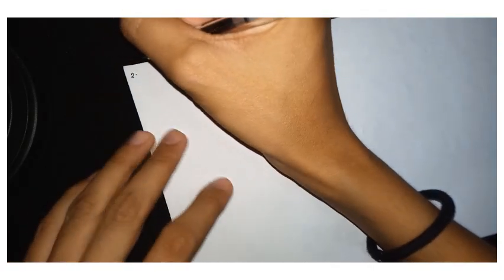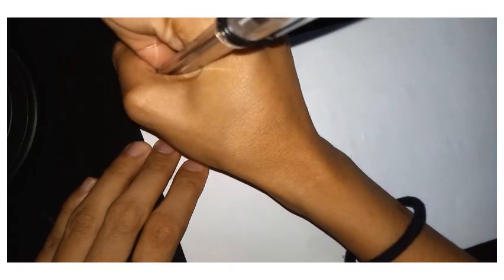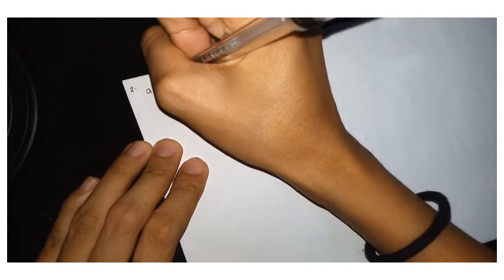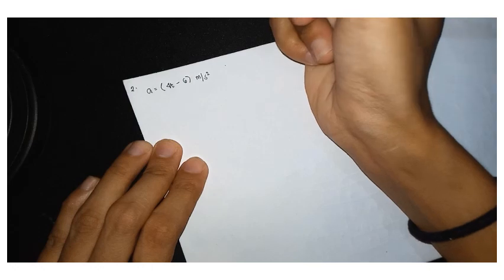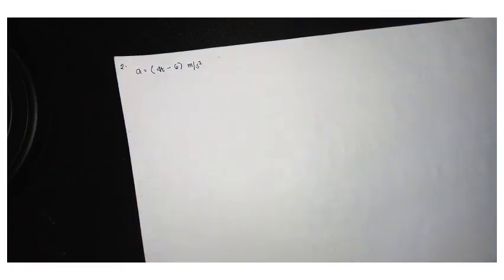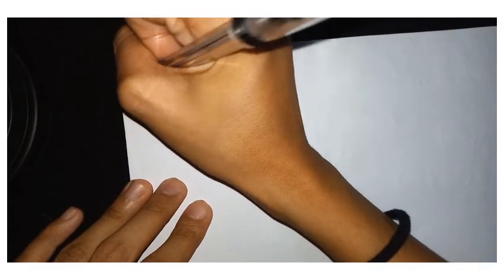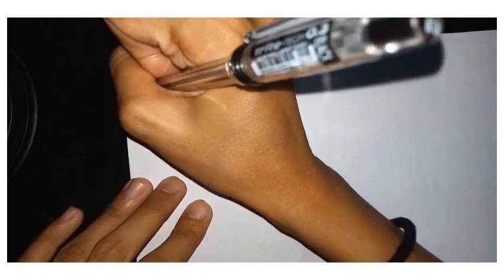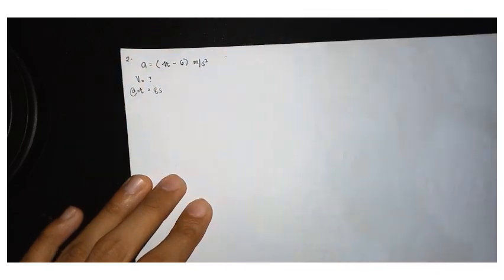This is the solution of sample number 2 for rectilinear motion. In the problem, the acceleration is given, which is a equal to 4t minus 6 meters per second squared. And the question is, what is the particle's velocity at time equal to 8 seconds?